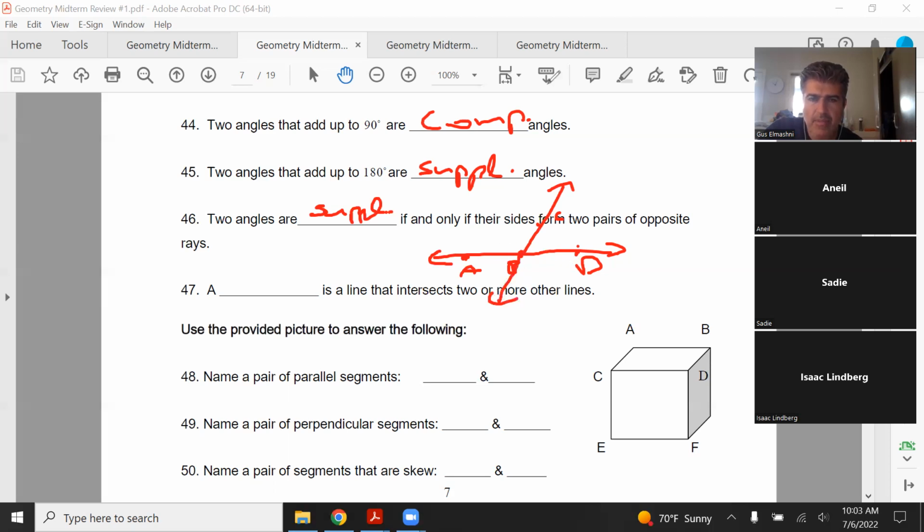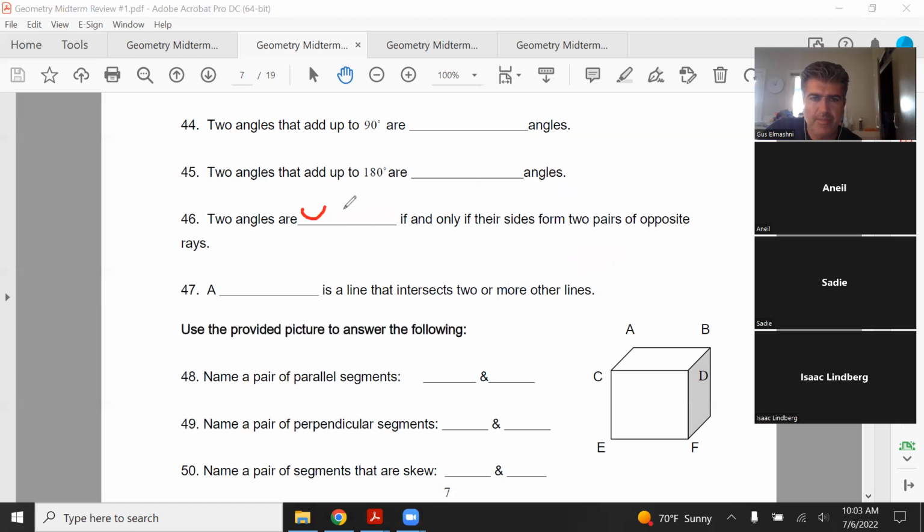Oh, vertical angles, got it. Yeah, because of two pairs of opposite rays. Got it. So that's an opposite ray from this one, that's an opposite ray of that one. Vertical. That's weird. I'm not going to do that to you guys in the test.